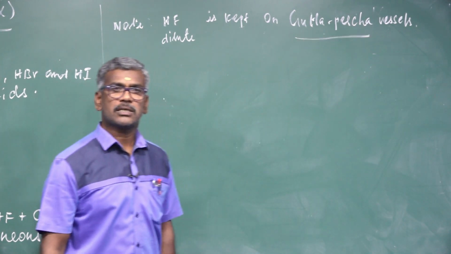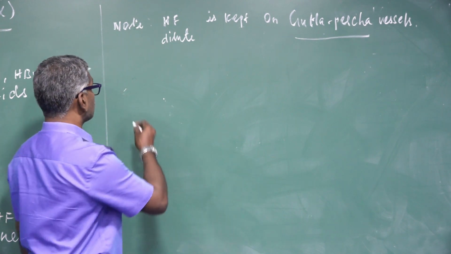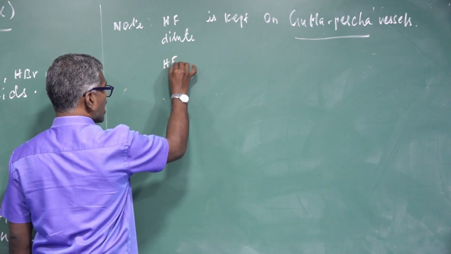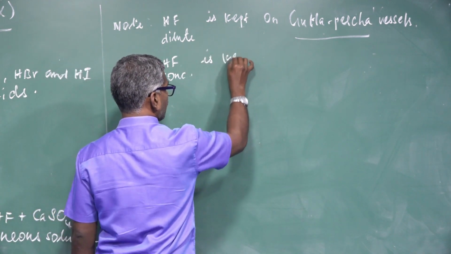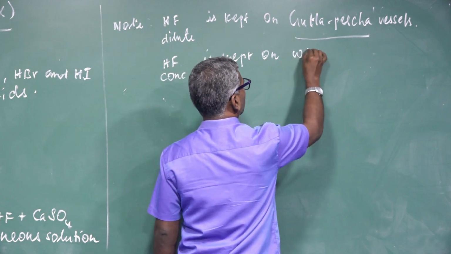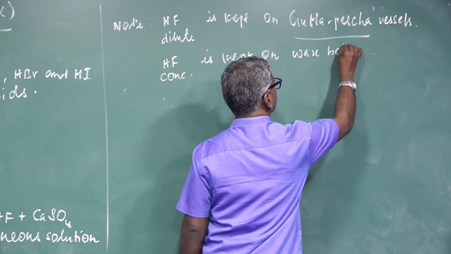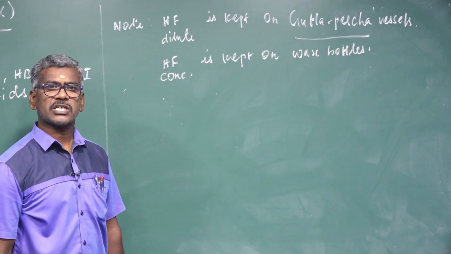This is nothing but polymerization of isobutylene. Concentrated HF is kept in wax bottles. These are the preparations of hydrogen fluoride.